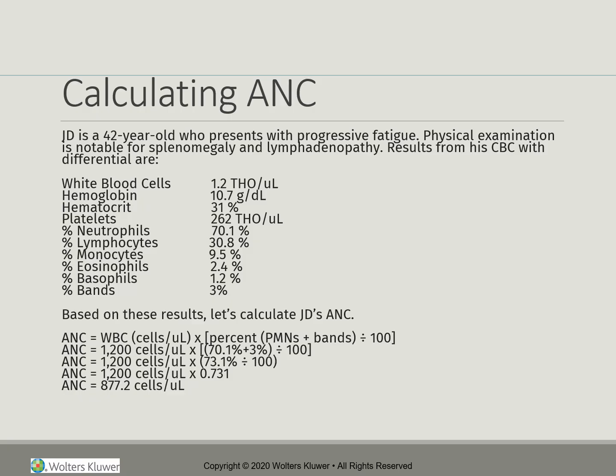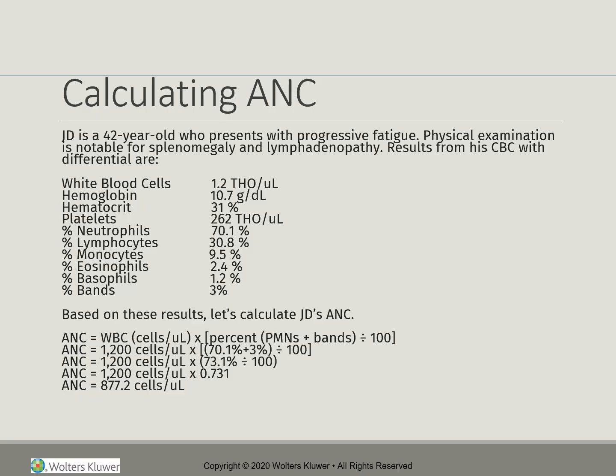The CBC, or complete blood cell counts, are listed here: a white blood cell count of 1.2, total neutrophils at 70.1%, and bands at 3%.